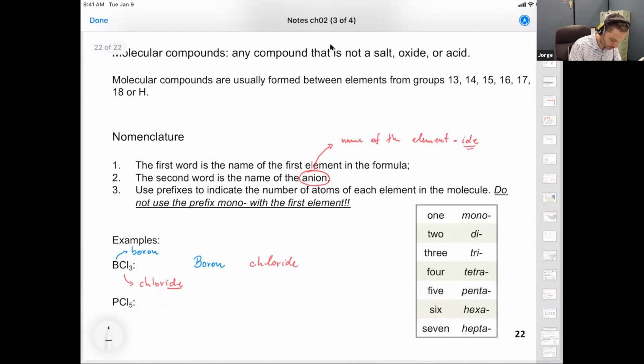And because we have three Cl's in the structure, we need to indicate using the prefix tri. Therefore, BCl3 receives the name of boron trichloride.